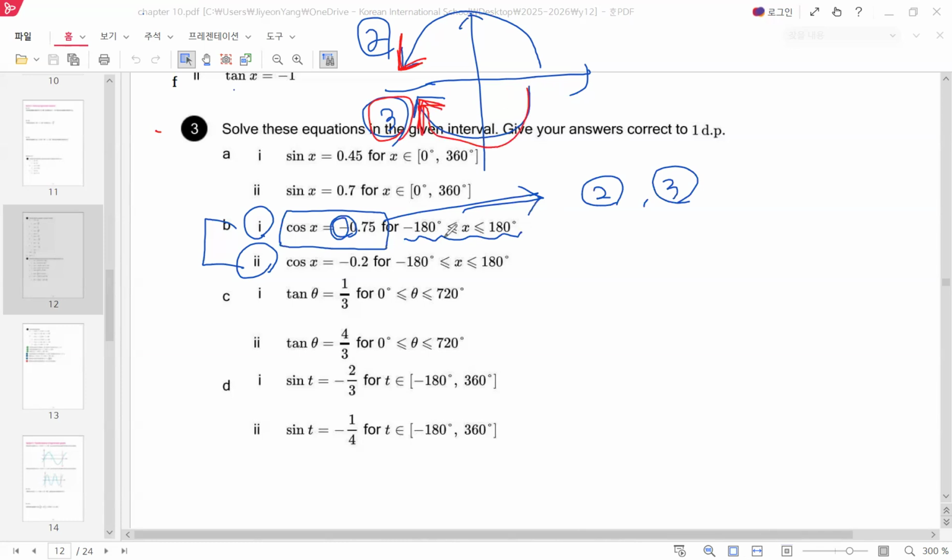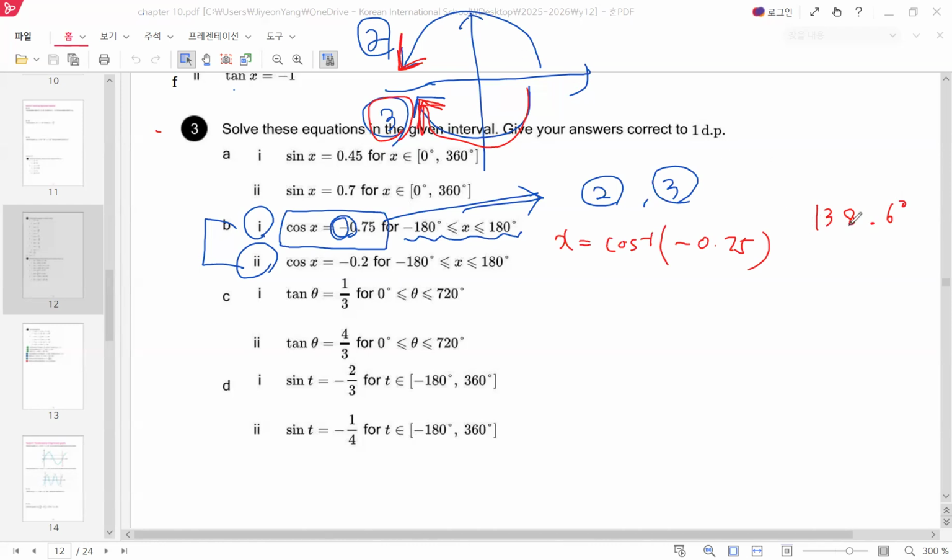Do you understand? And by using your calculator, please give me the value x equals cosine inverse of negative 0.75. What is that? Around 138.6 degrees. Thank you so much.